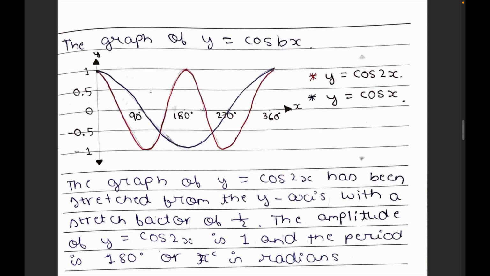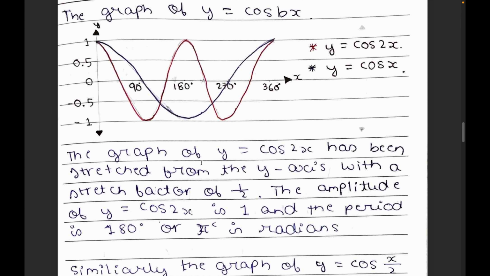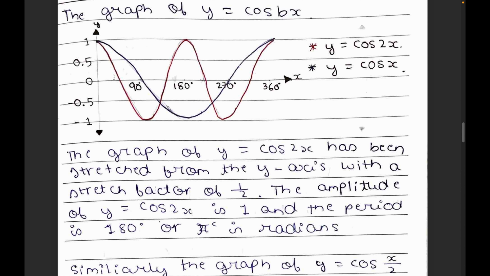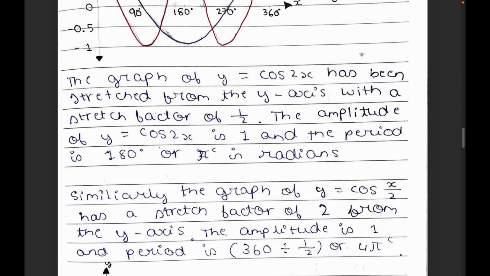For every 180 degrees, you're gonna have one cycle. The graph of y equals cos 2x has been stretched from the y-axis with a stretch factor of 1 by 2. So this is the y-axis, and it has been stretched by a factor of 1 by 2. The amplitude of this remains the same, but the period would become 180 degrees.